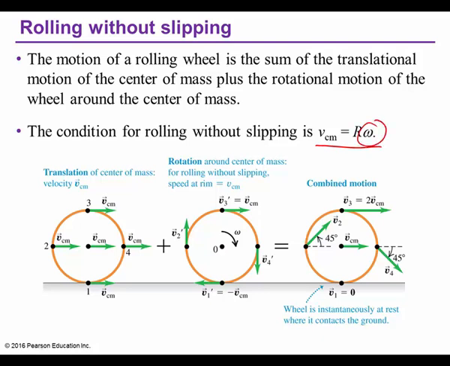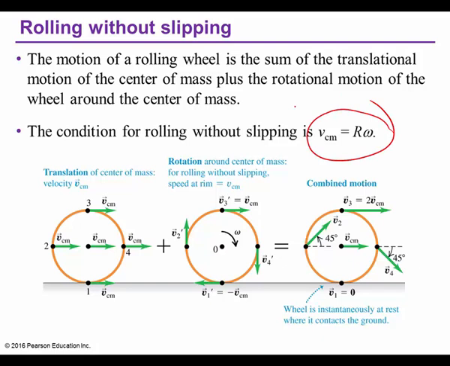And of course, we will get meters per second, because meters times radians per second gives us meters per second. So provided it's not slipping, this is how we can solve for an object with translational velocity.